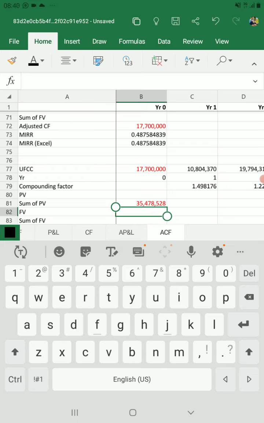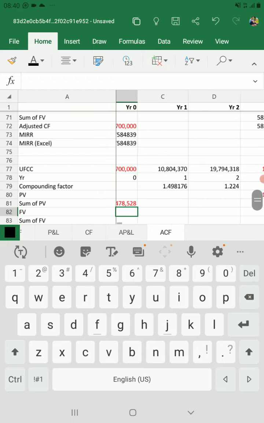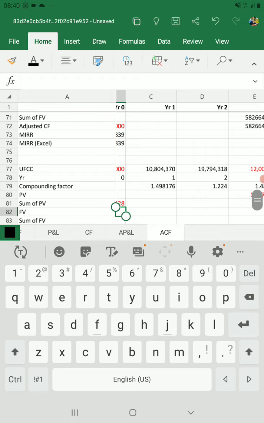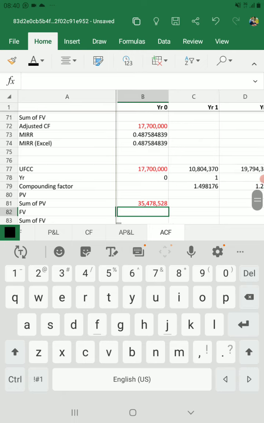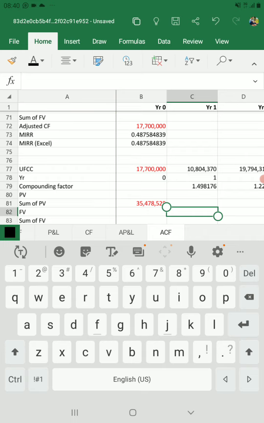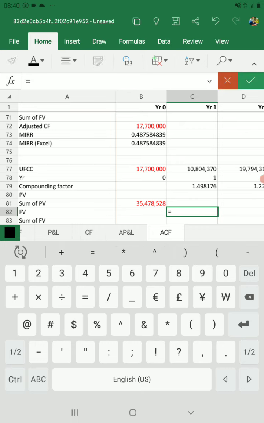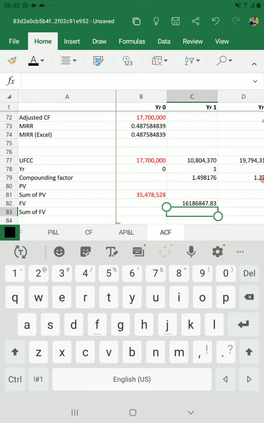For future values, we have these two components now for year 1 and year 2, and their sum. So future values here for year 1 is simply the same. We apply the same formula here, taking the unlevered free cash flow multiplied by compounding factor. Press enter.